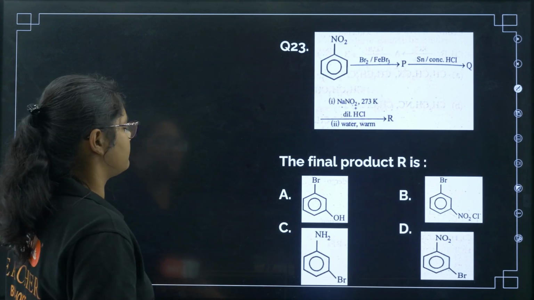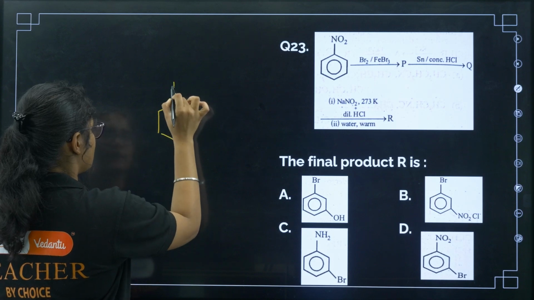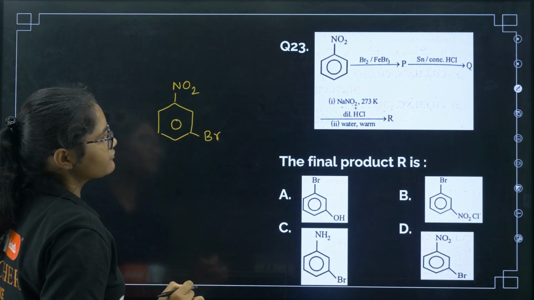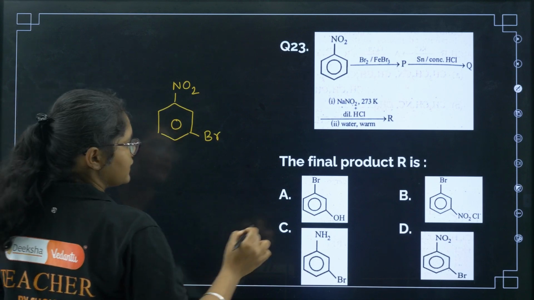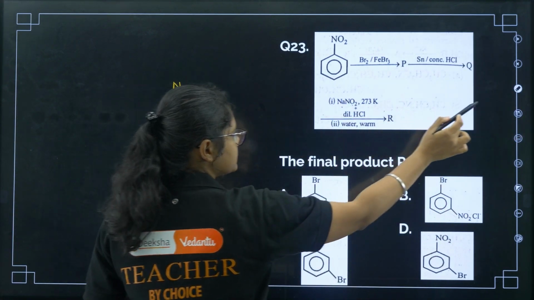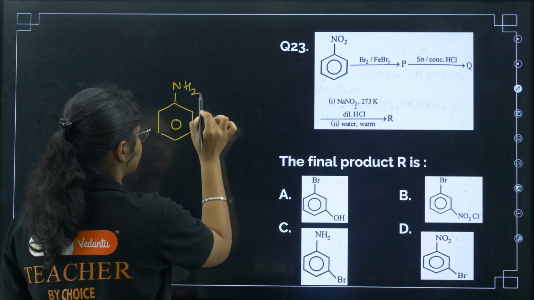Next, NO2, then Br2 and FeBr3. It will do bromination at the meta position, right? So we have NO2 and Br. After that Sn/HCl will convert NO2 to NH2, right? Reduction of NO2 takes place to give you NH2.